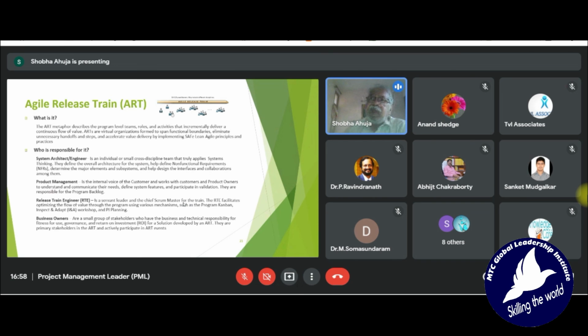The concept was borrowed from Lean manufacturing, and then Agile came quite recently, just 20 years back, around 1997 or something like that, when they came out with the Agile software manifesto. And from there, all these things evolved.